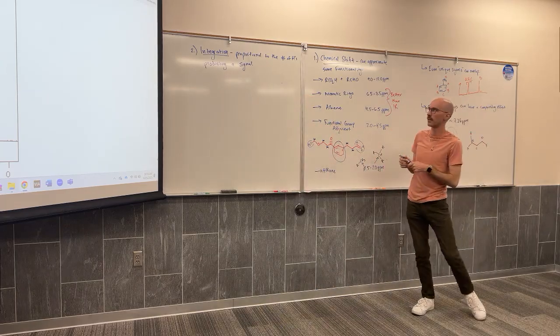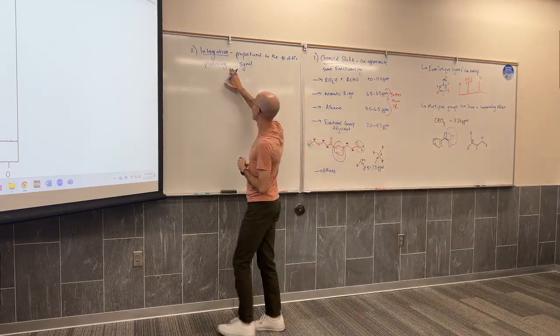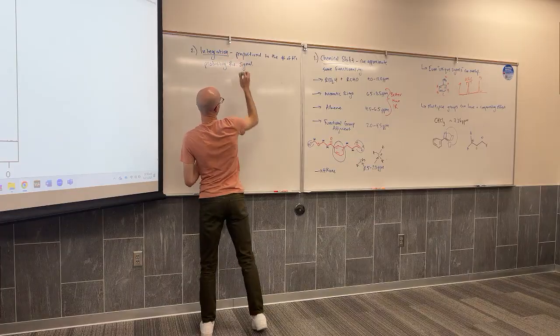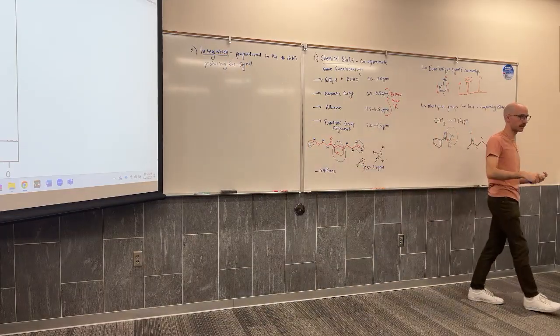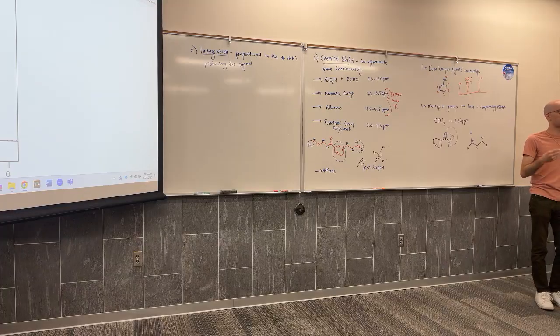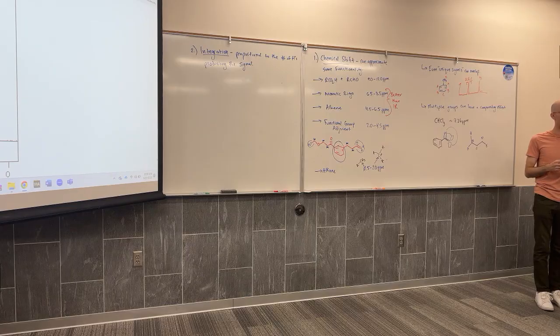Maybe I should say the signal, because we are talking about signal integration. So, how many hydrogens produce that signal? Remember, we're talking about unique signals, equivalent sets of hydrogens, identical chemical environments.